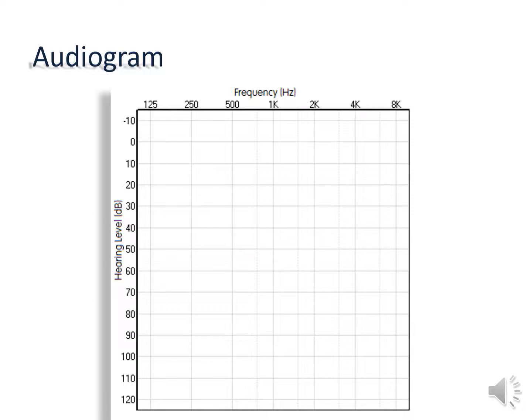And if you notice going down the chart, there are also numbers, and those represent the decibels, or the volume, the loudness. So as you go down the chart, the sounds get louder. So as the individual hears tones, they press the button, and then the person who is conducting the test is going to put red O's on this chart for the right ear and blue X's for the left ear.